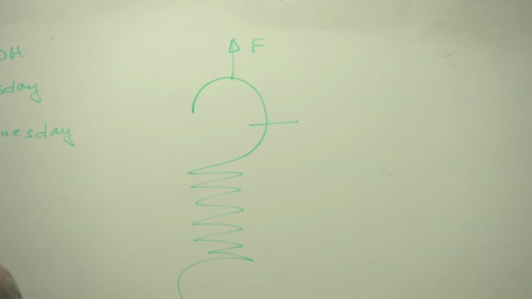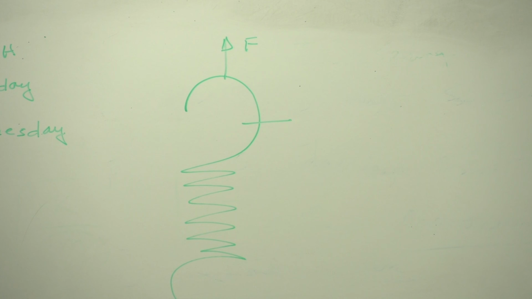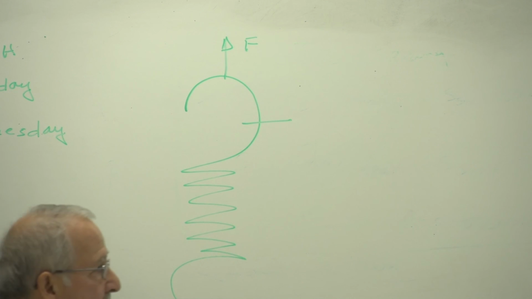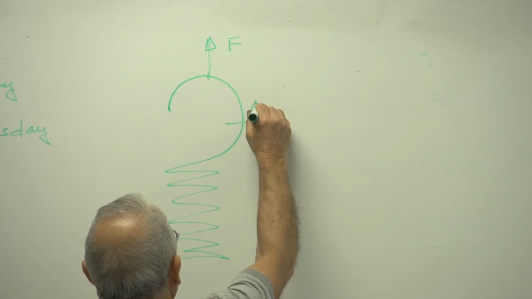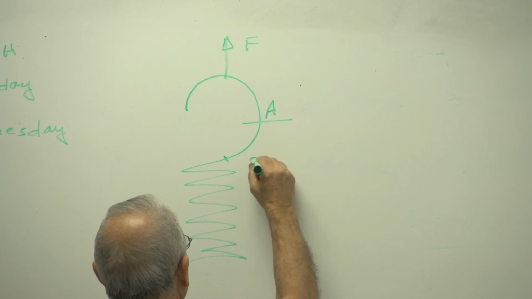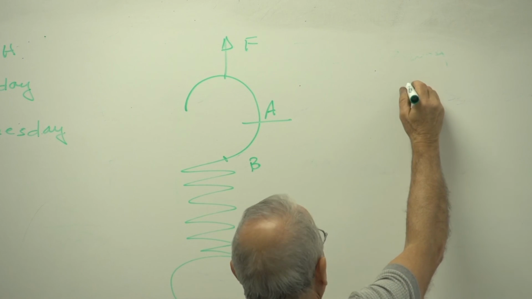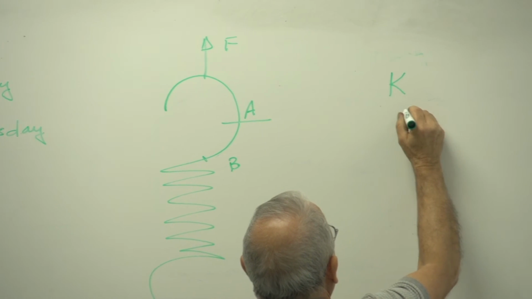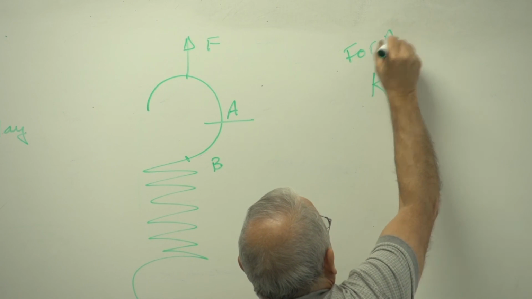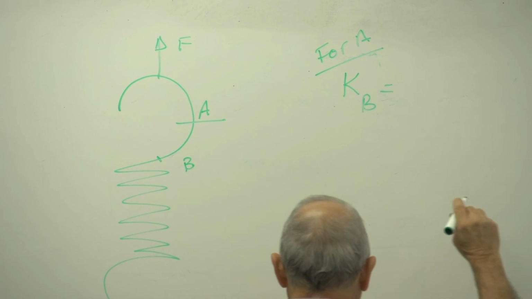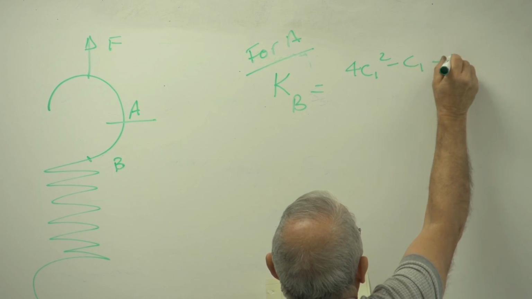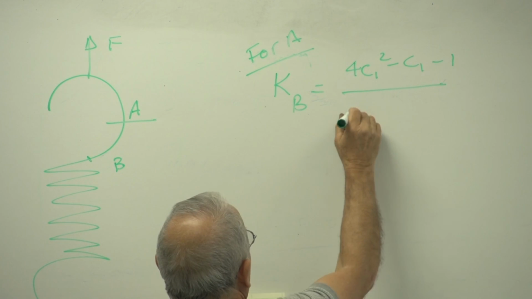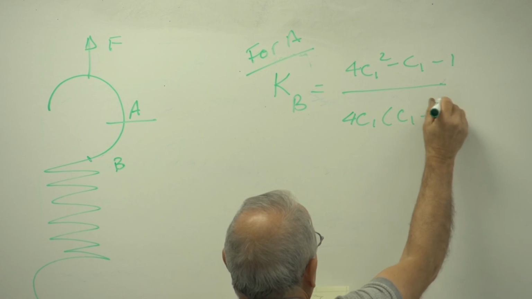That is sort of self-explanatory, if you will. The stress concentration factors that are used for bending and torsion are, so I'll say, for example, point A here and point B here. For point A, the bending stress concentration factor is K bending = (4C1² − C1 − 1) / (4C1(C1 − 1)).